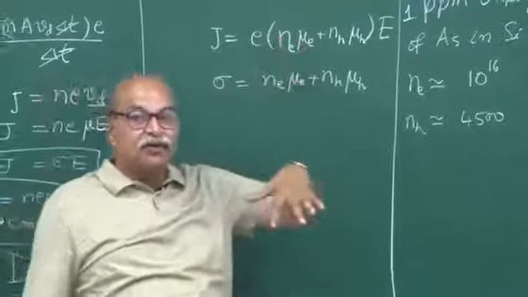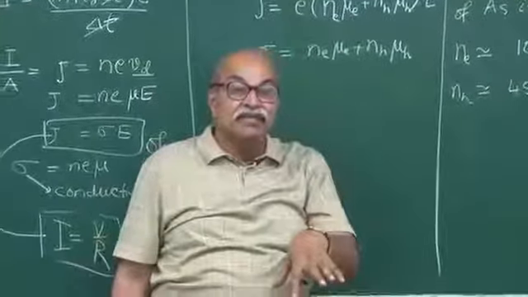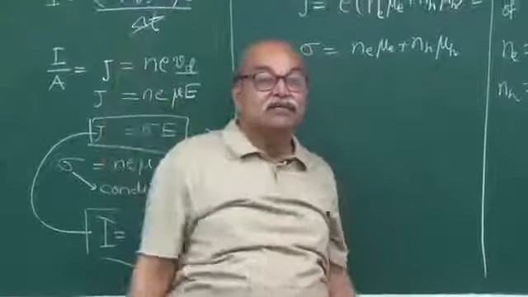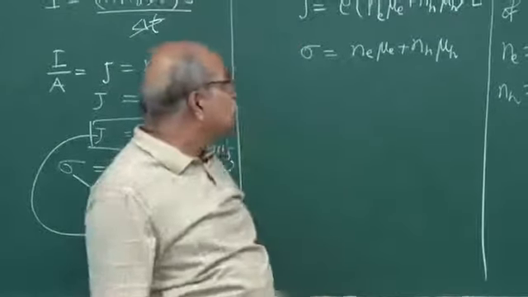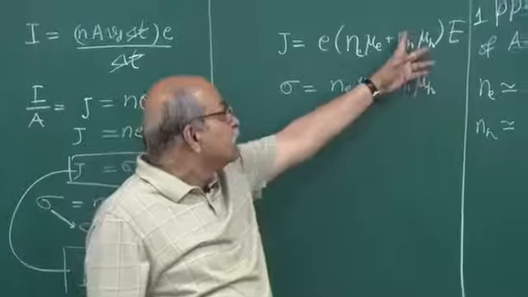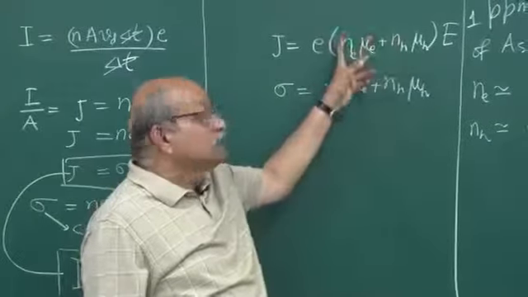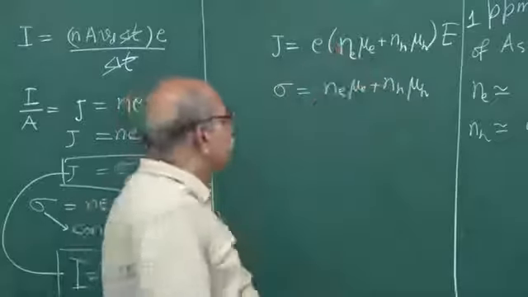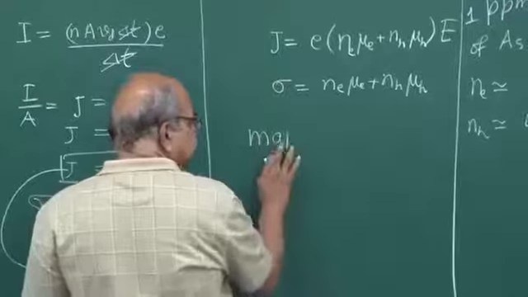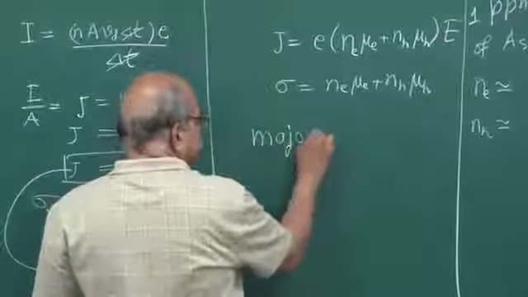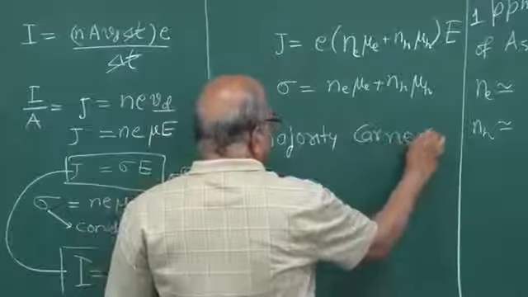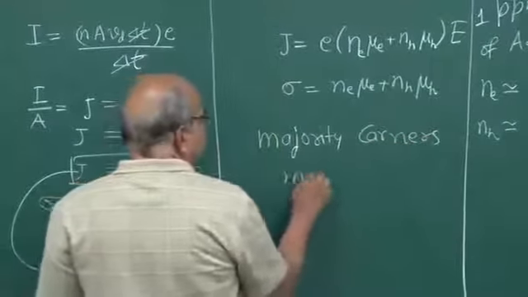And similarly, if you are doping trivalent impurity, then the hole concentration will be so high as compared to the electron contribution, the concentration of electrons, so that only this will be effective and this will be totally negligible. So we talk in terms of majority carriers and minority carriers.